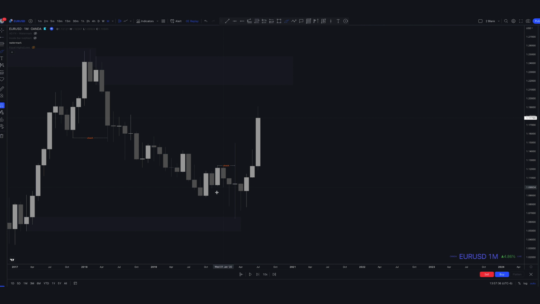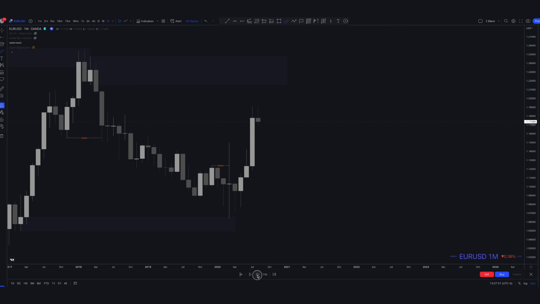So right after the CHoCH, price did not break below this, and this was on a lower time frame. This was just a pullback to continue the move up. So let's see what happens next.